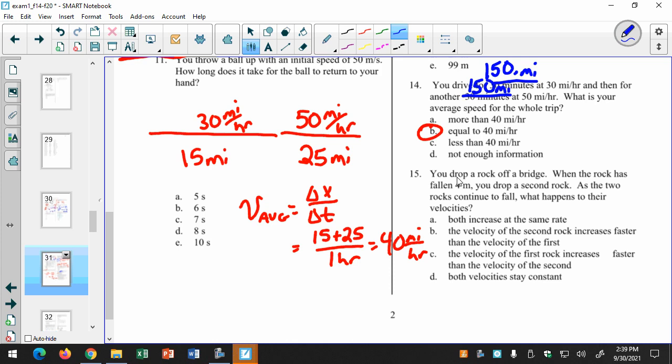See how that's different? I'm traveling the same distance. In these cases, I'm going to be traveling for a longer time at the 30 mile an hour speed. And because I'm traveling for a longer time at the slower speed, it's going to make my average smaller. I'm going to have a slower average. So in that case, the answer would be less than 40 miles an hour.